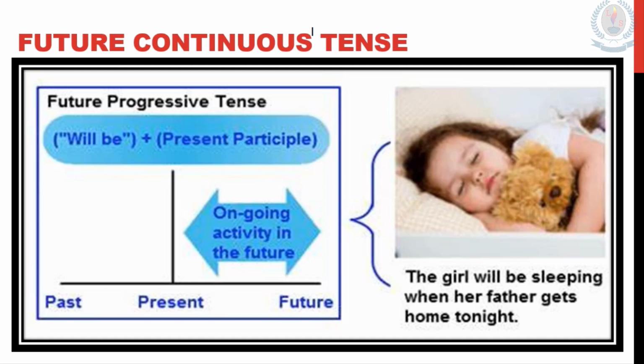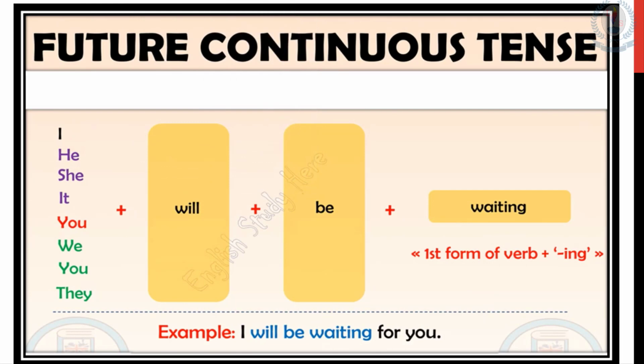Let's say the girl will be sleeping. So always subject and then will be, then the verb added with ing. So then you can mention a period. Future continuous tense.